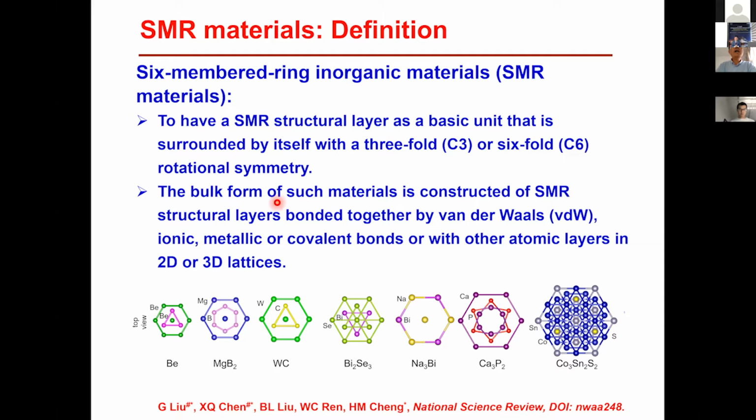And the bulk form of these SMR materials is constructed by six-member ring structured layers bonded together by van der Waals, ionic, metallic, or covalent bonds, or with other atomic layers in a two-dimensional or three-dimensional lattice.